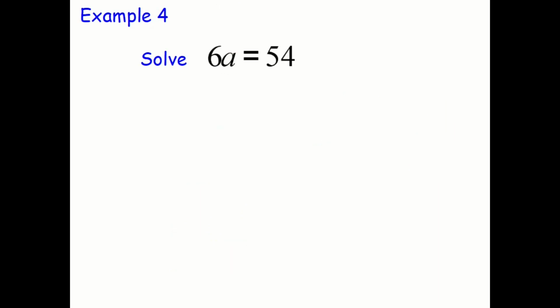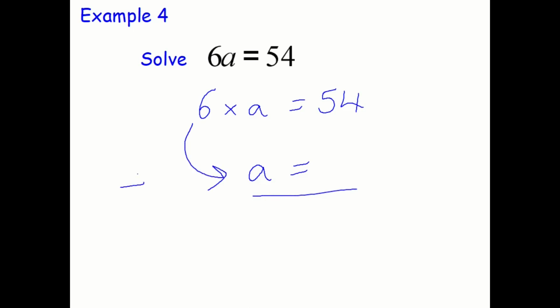Okay, example 4. Like I've just said, we're looking at the opposite operation. So remember, 6a means 6 multiplied by a is equal to 54. In order to get a on its own, I need to do the opposite operation.